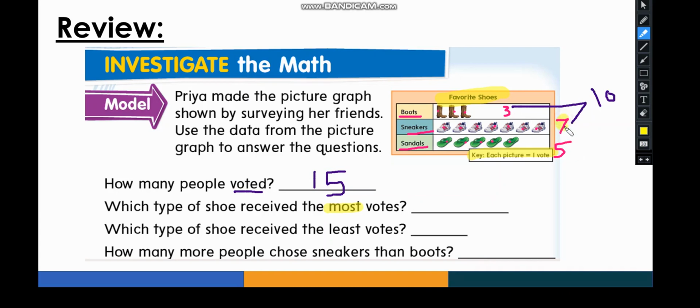Yes, 7. So which one, boots, sneakers, or sandals? Yes, it's sneakers. Sneakers are the most votes.